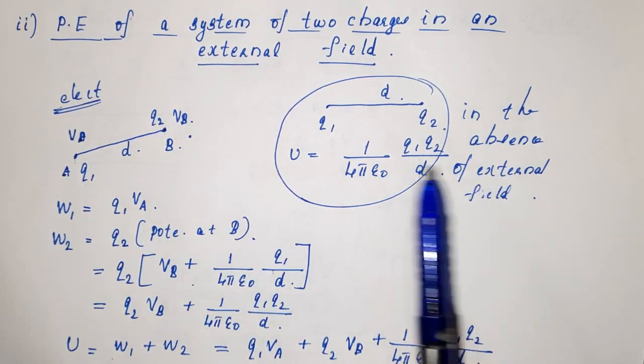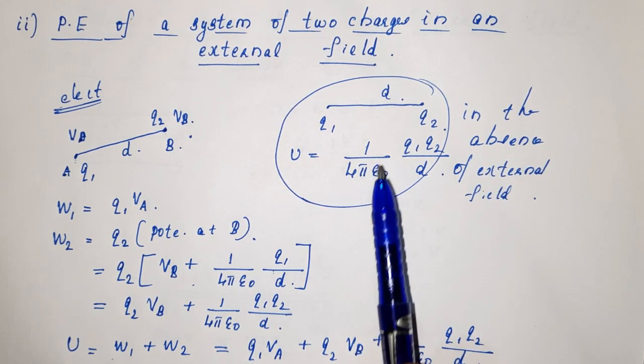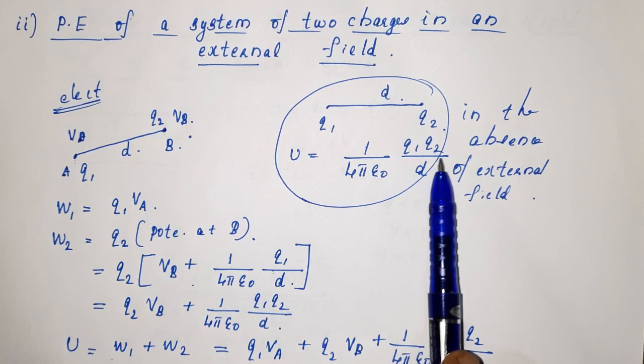If it was in the absence of external field, the potential energy would have been only 1 by 4 pi epsilon 0 Q1 Q2 by D.